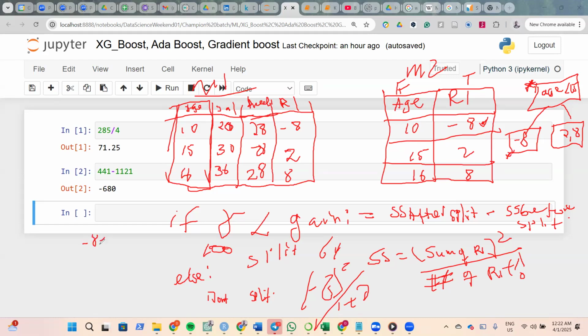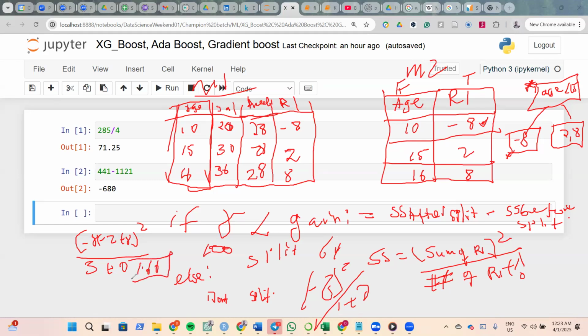The residual at this level was -8 plus 2 plus 8, all that squared, divided by number of residual. The number of residual here is 3 plus 0. So I'm going to have 3 plus 0. So -8 plus 2 gives me -6. -6 plus 8 gives me +2, squared gives me 4. 4 divided by 3 gives me 1.66.